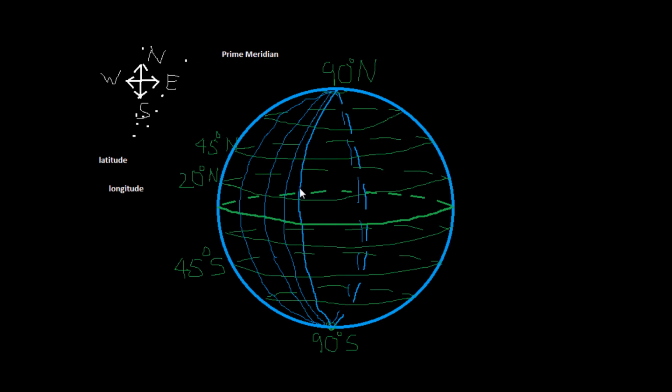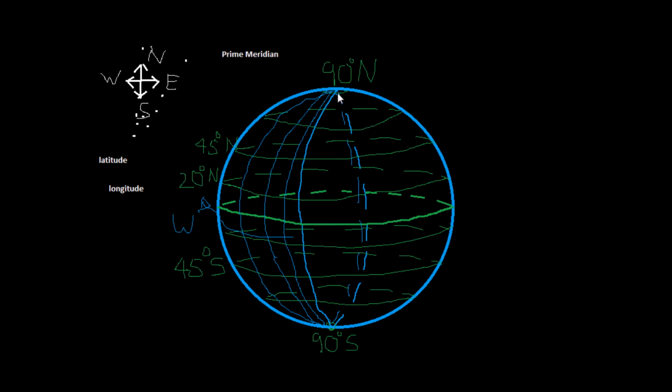There are 180 degrees of longitude west, and those are all the points located west of the prime meridian, going all the way to the line at the back that meets the prime meridian, and that's called the international date line. So there are 180 degrees of longitude west, going west like our compass rose was going west.